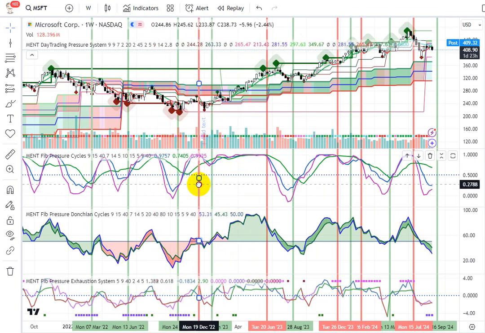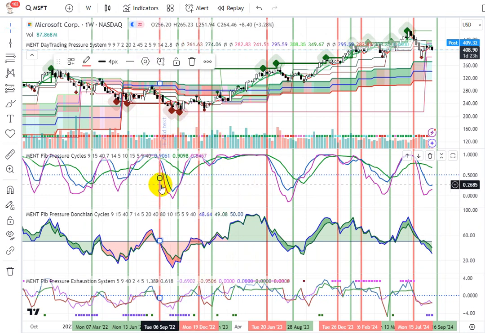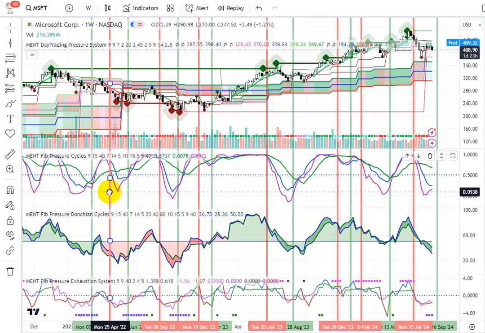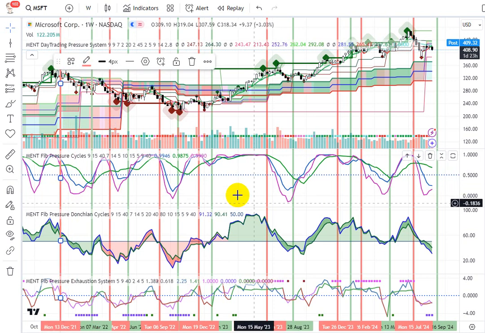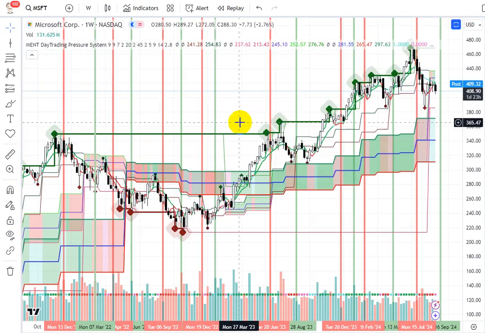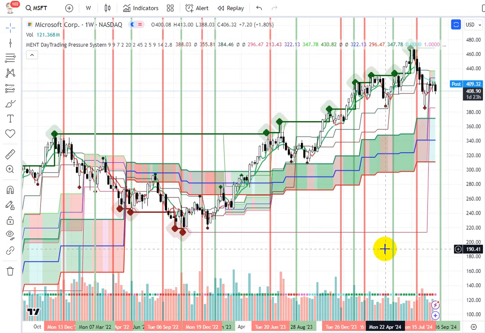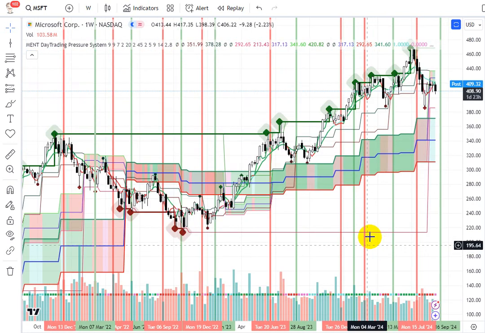So let's come back over here, mark this cycle high, mark this cycle high, mark this cycle high, and mark this cycle high. Okay, there it is. There's our guttural breakdown of this entire chart.